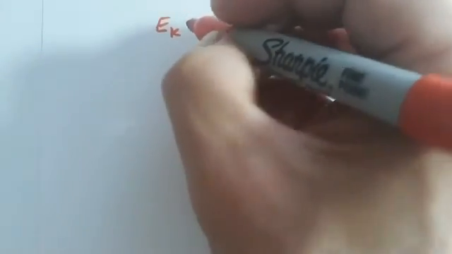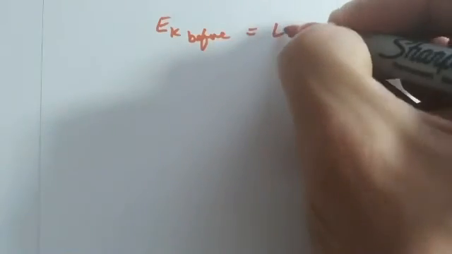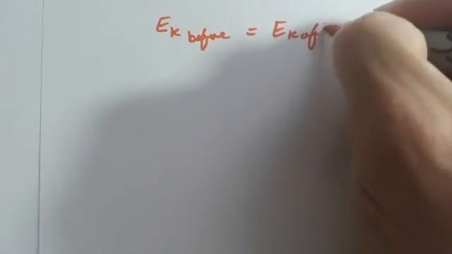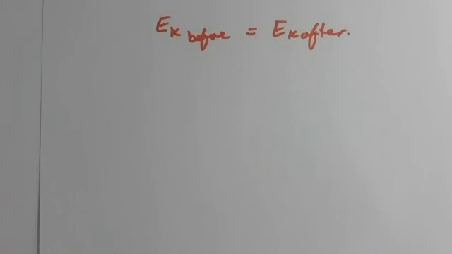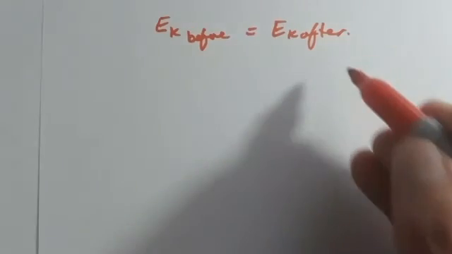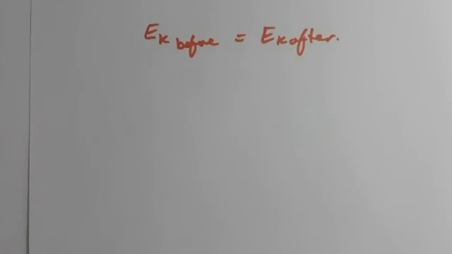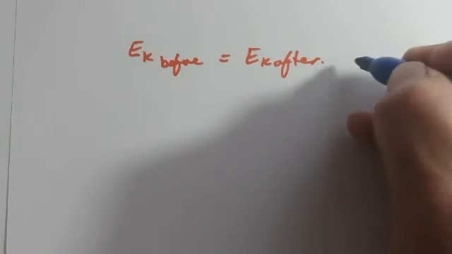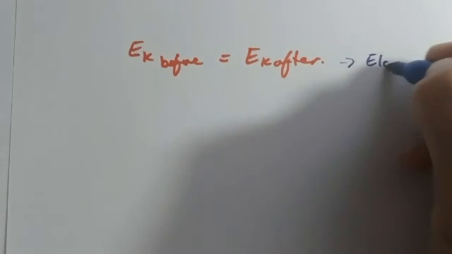Let's just get to the correct spot. EK before is equal to EK after. If that is true, then we can say the collision was elastic.